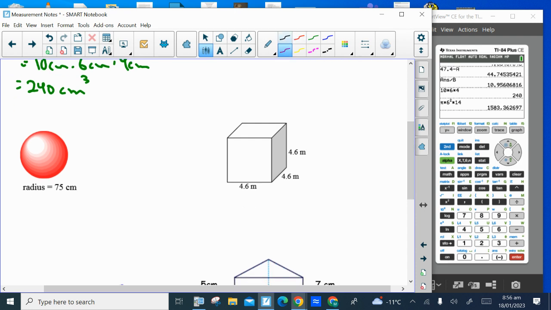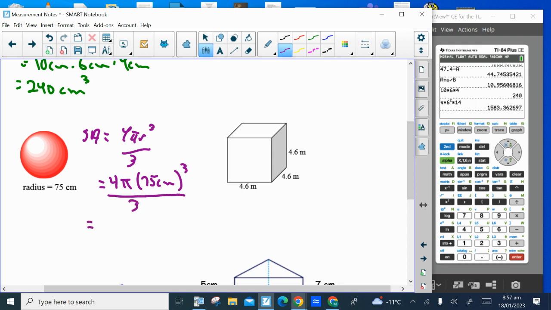Okay, this next one is a sphere, and the formula for volume of a sphere is 4 pi r cubed over 3. So all we need to know is the radius. Pi is an actual number, 3.14, and it goes on forever. The only variable we have here is r, the radius, which we're told is 75 centimeters. That needs to be cubed.